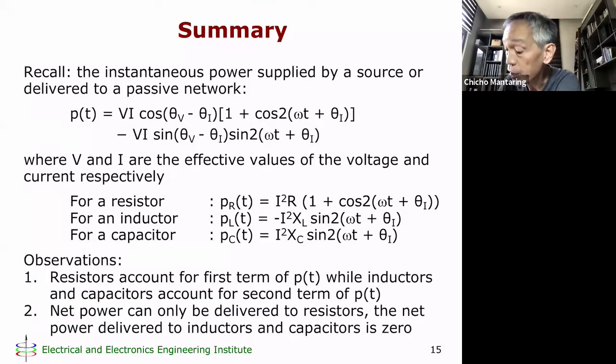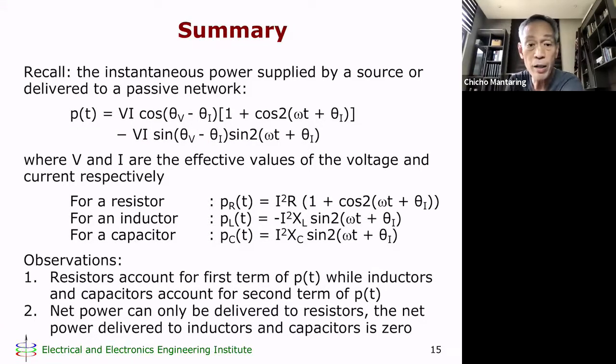Note that the power to the resistor looks very similar to the first term here. You can see the 1 plus cosine of 2 omega t plus theta I. On the other hand, the power delivered to my inductance and my capacitance, these two equations, look very similar to the second term.